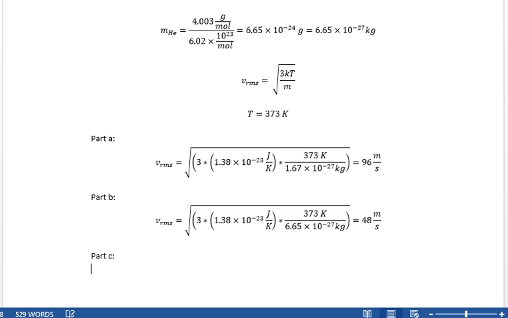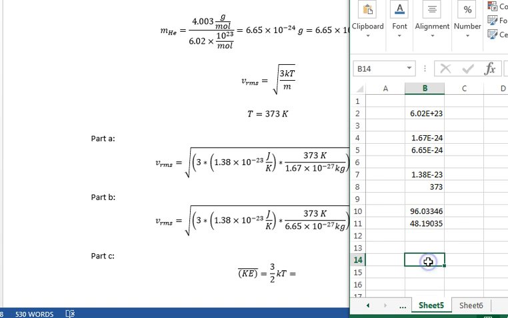Now, in part C, we're asked for the average kinetic energy. And that is just 3/2 kT. So we'll pop over to Excel.